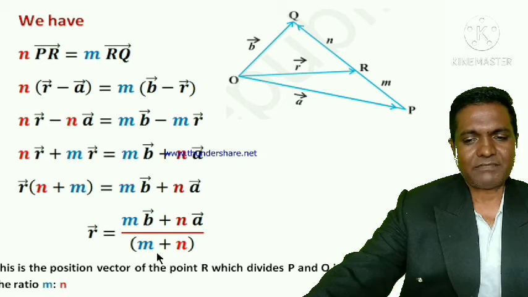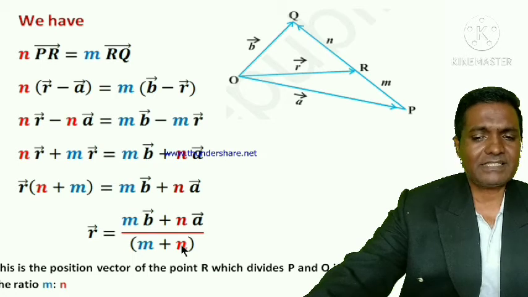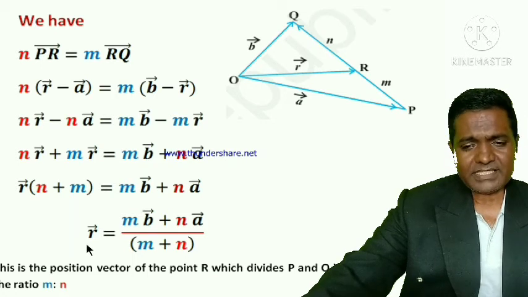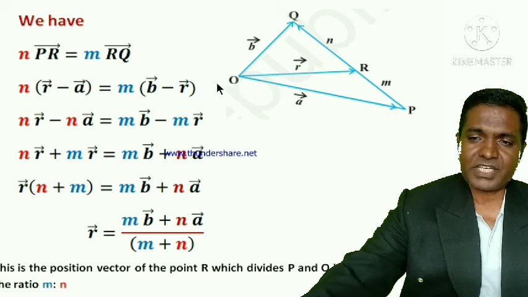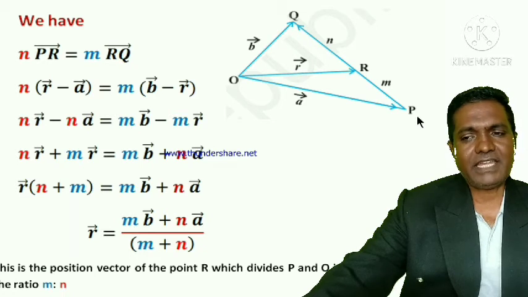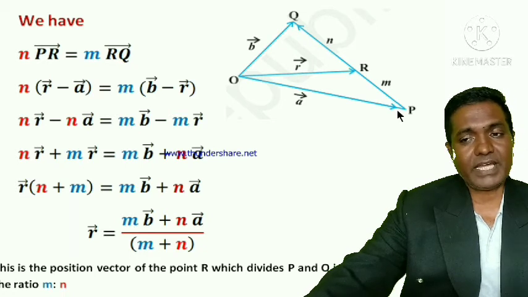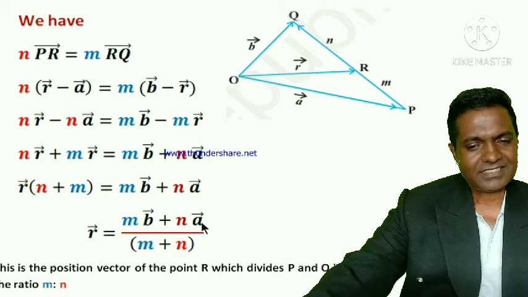Bringing this to the right, it becomes division. n plus m can be written as m plus n. So this is the formula for finding the position vector of a point R that divides the vector joining PQ internally in the ratio m is to n. This is our required result.